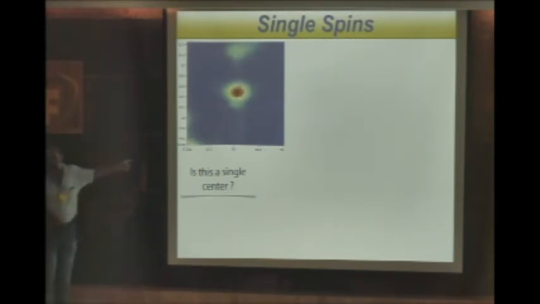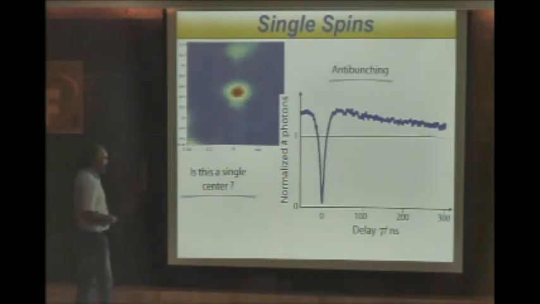Why do we know it's a single one? I mean, obviously it has a finite extent of a few hundred nanometers, and the microscope is not able to focus farther down. You can measure that by doing so-called anti-bunching experiments. You measure the probability of detecting a photon at a certain time after having detected one already.